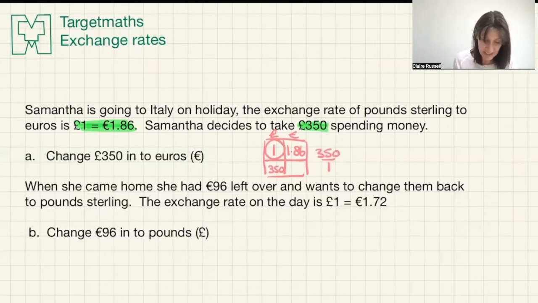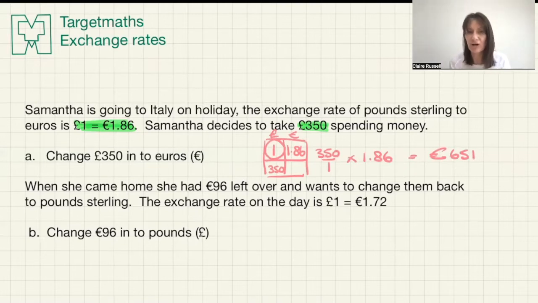Dividing by 1 doesn't change anything. But if you want to get good at this method, I would recommend that you don't take shortcuts until you're really familiar with it. And then you might well and truly notice, oh, divide by 1 doesn't actually do anything. I'm not going to show it. And that's fine. So you pop that into your calculator and you get 651 euros. All right.